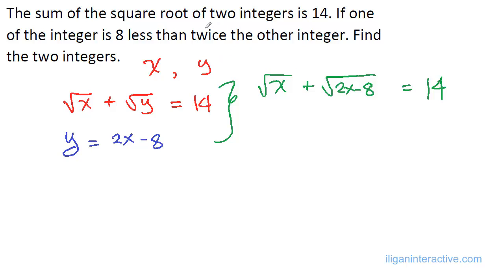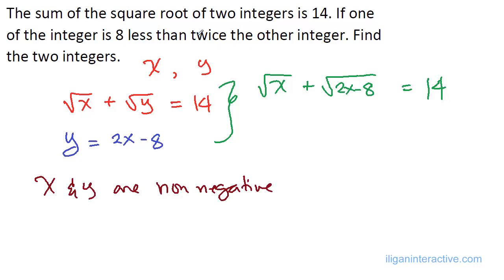Note here that we're talking about integers, but since we are taking the square root of x, we can claim that x and y are both non-negative, because we can take their square roots.